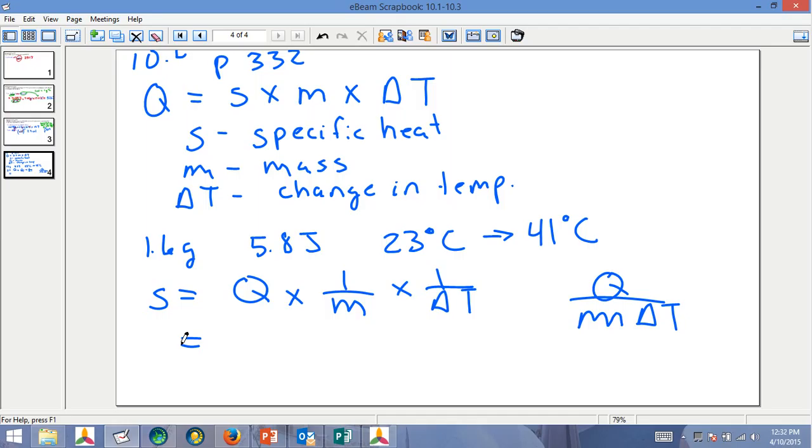So Q, what is Q? The energy. In our equation, what is Q? 5.8.